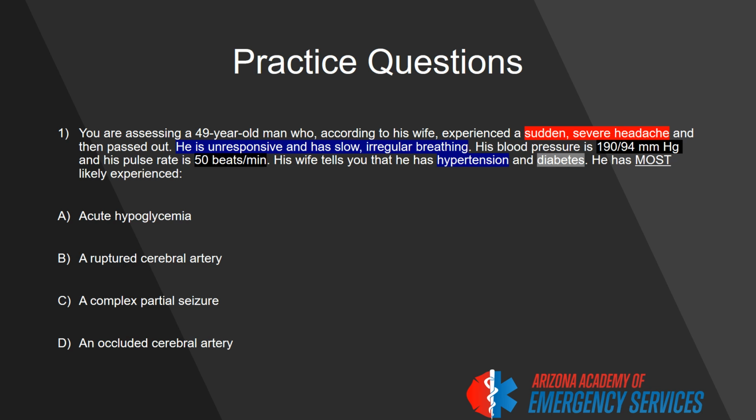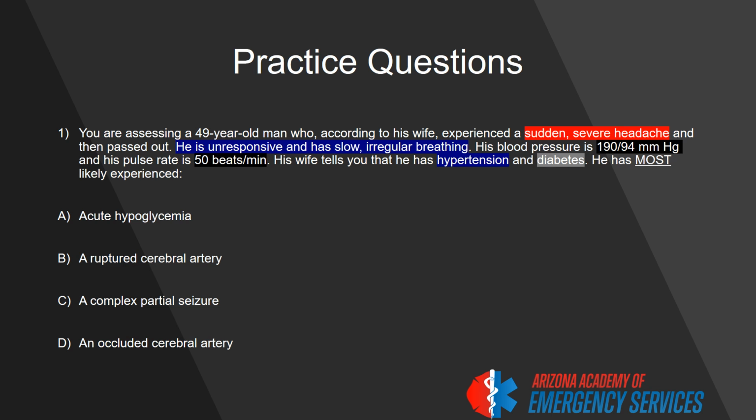We have "he is unresponsive and has slow, irregular breathing," marked as primary information. That's explicitly important in determining what the right answer is for this patient. It gives you some key descriptive factors about this patient that could play into either the treatment or figuring out what is going on with this patient.